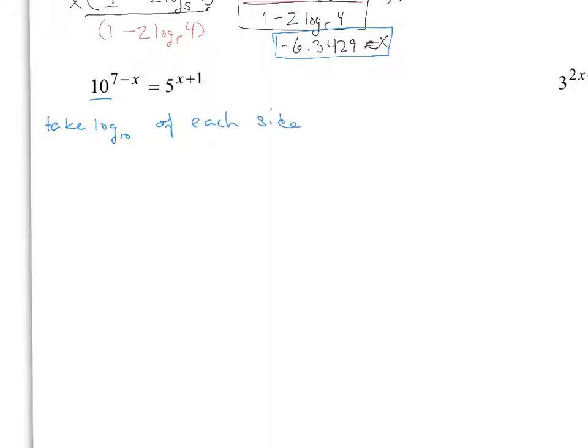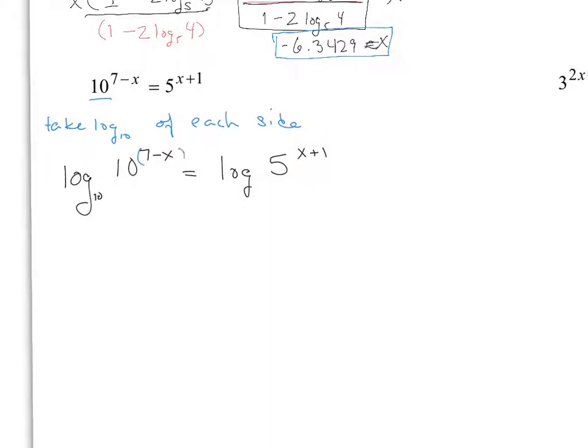of this equation. When I do that, I have log base 10 of 10 to the 7 minus x is equal to log of 5 to the x plus 1. And again, remember that base 10 is understood with these questions.